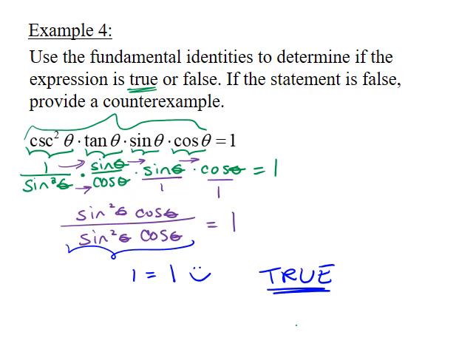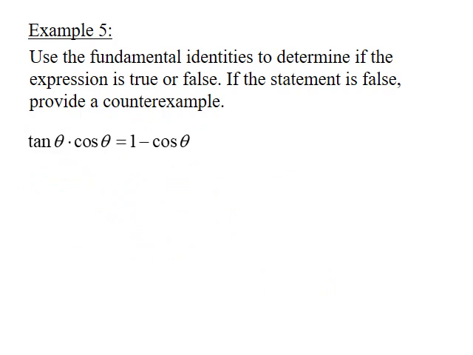Let's take a look at another example. Okay, so if you want, you can go ahead and pause this and see what you can come up with. Generally speaking, we try to write things in terms of sine and or cosine. So I want my left-hand side to become equivalent to the right-hand side if possible.